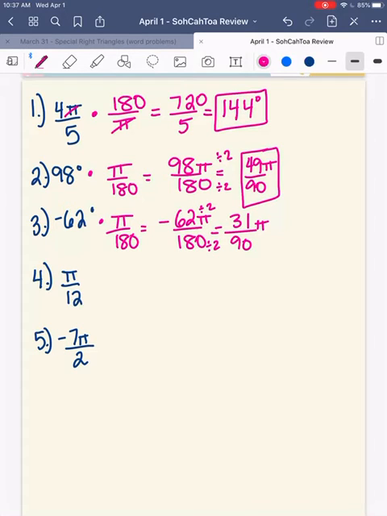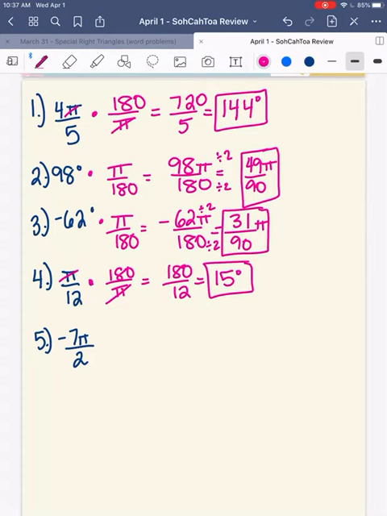It might take more than one step, but in this case, it's just one step. 2 goes into both of them. All right, number 4, we're going to times by the reciprocal 180 over pi because we're trying to get rid of those pi's. So we have 180 over 12, and then 180 divided by 12 gives us 15 degrees. I forgot my negative in number 3, sorry, and I forgot to box it up, but now it should be good.